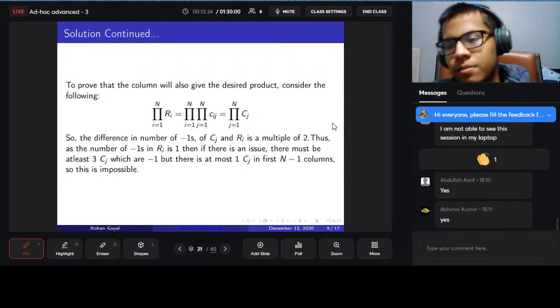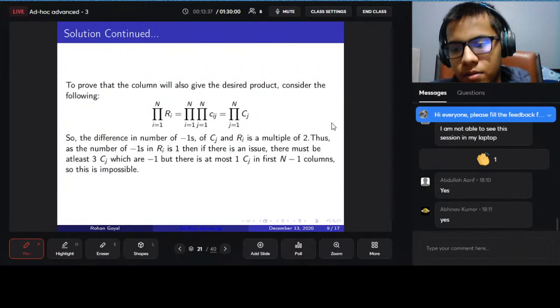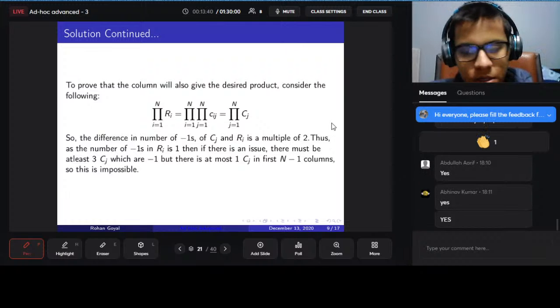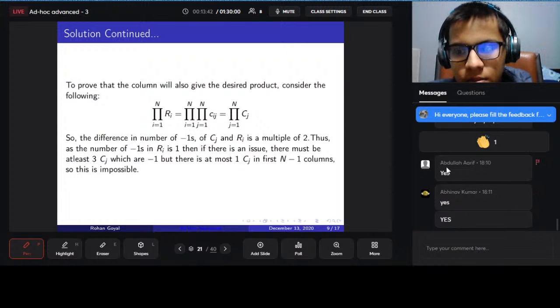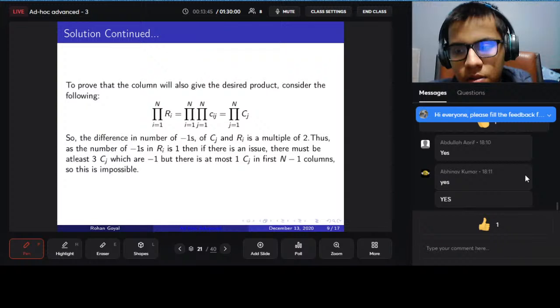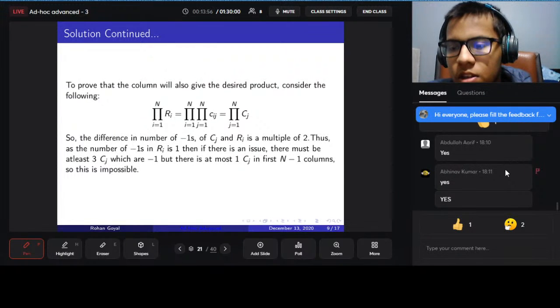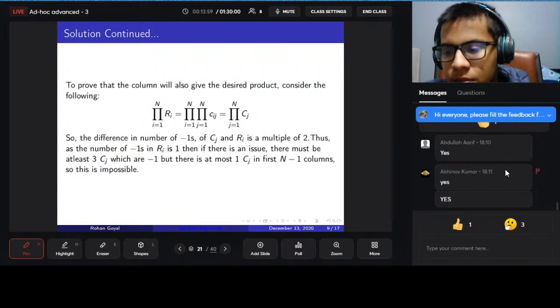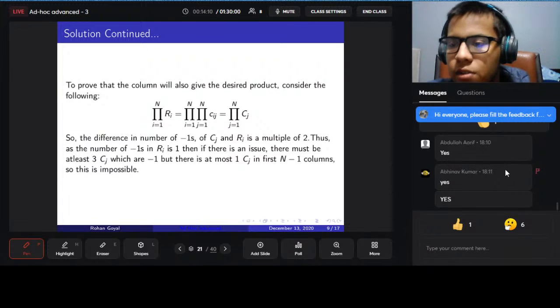Is this much clear? Okay, great. Others? Is it fine for others? Okay, there seems to be some confusion. Could you explain what the confusion is? Oh wow, a lot of you are confused. Could you please explain what the confusion is? Anyone? It becomes hard for me to explain if you don't tell me what the confusion is.